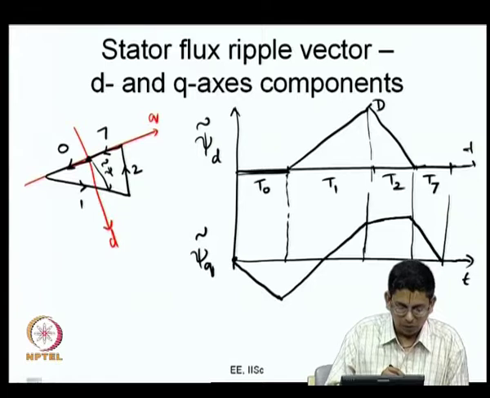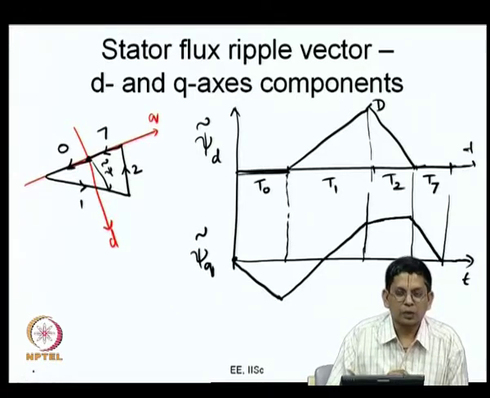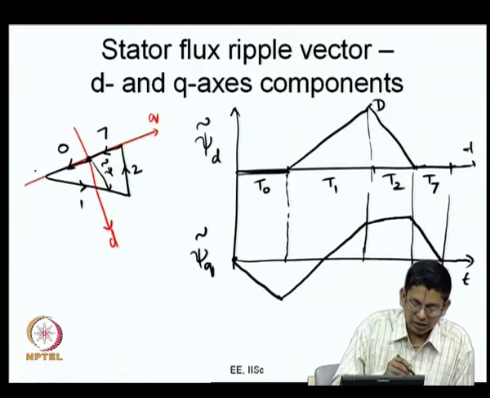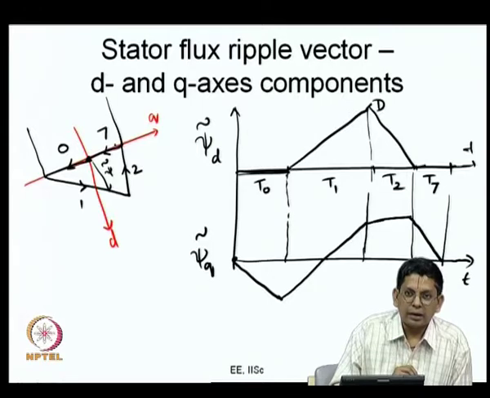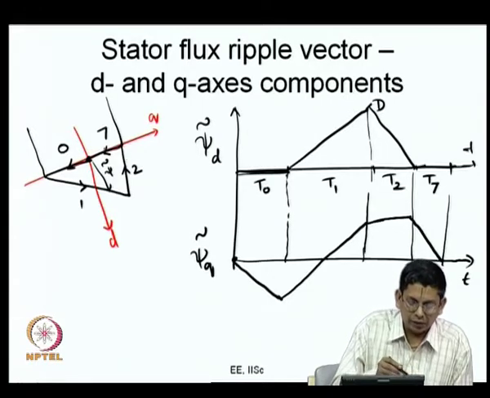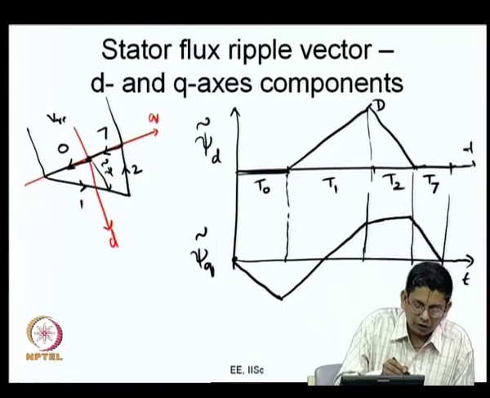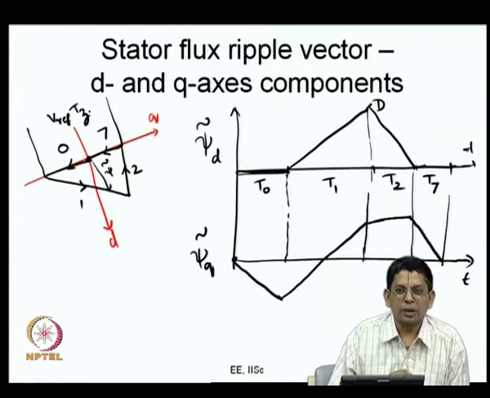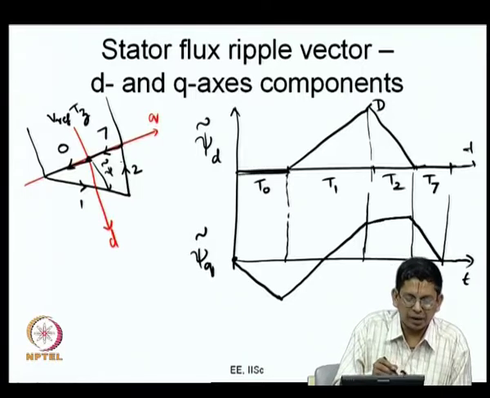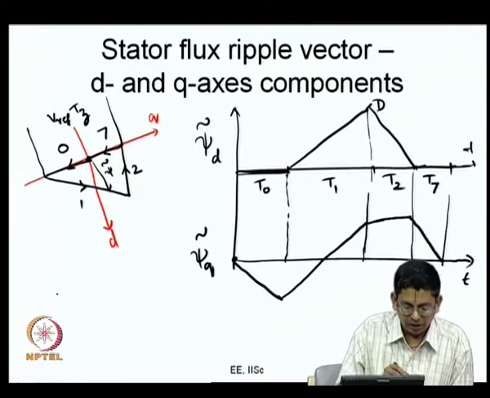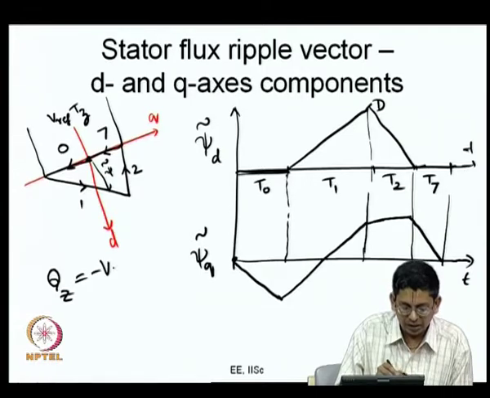So, now we can give some more values to this. What are those values? Let us project this. The magnitude of this is actually V reference multiplied by T z, or it is actually minus V reference into T z now. Let us define a quantity called Q z equal to minus V reference multiplied by T z.